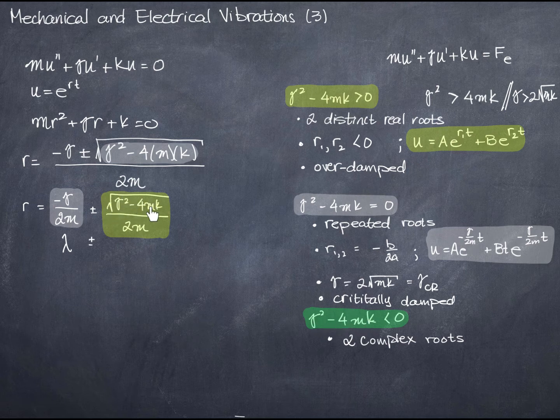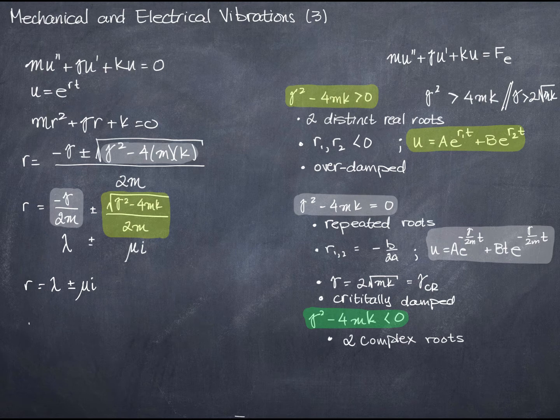When I take the square root of a negative number, I'm going to get an i, right? So this number is something times i, and I'm going to call it mu. So the i comes from having taken the square root of a negative number, but the numerical value over 2m, that part is the mu. So this is like my a plus bi, but it's plus or minus. So I'm basically calling the roots lambda plus mu i and lambda minus mu i.